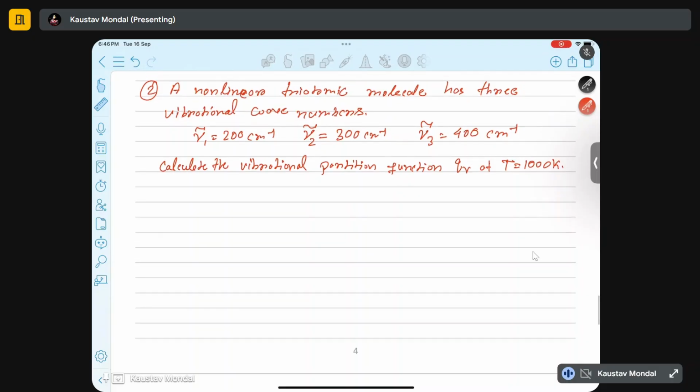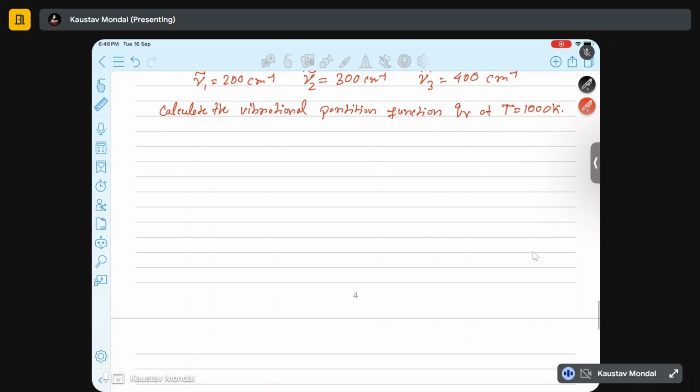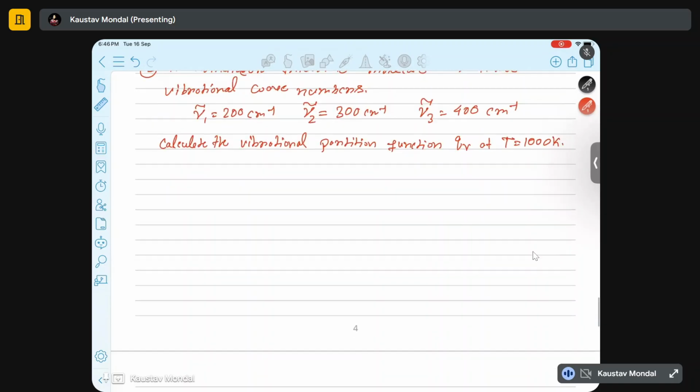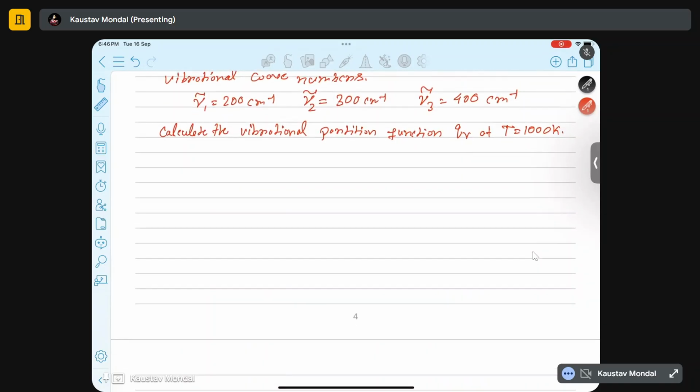So three vibrational wave numbers are given basically. So you have to calculate the total vibrational partition function QV at T equal to 1000 Kelvin. So for that, use this thing.